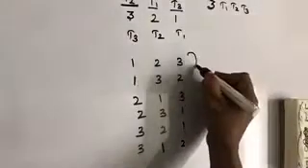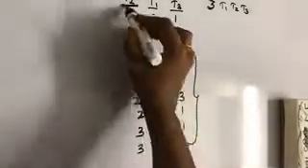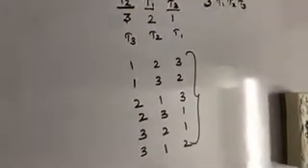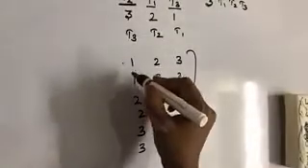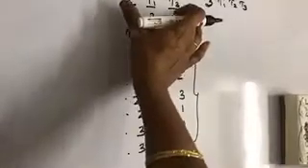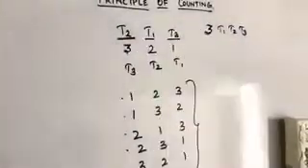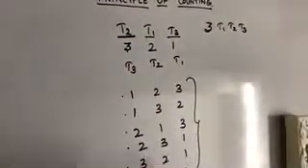These are the options I have to fix the 3 toys in these 3 places. Okay, so how many ways here? 1, 2, 3, 4, 5, 6. In 6 ways I can arrange my toys in this place.